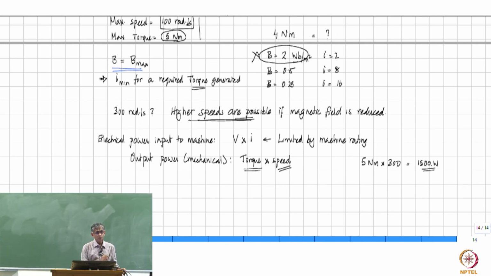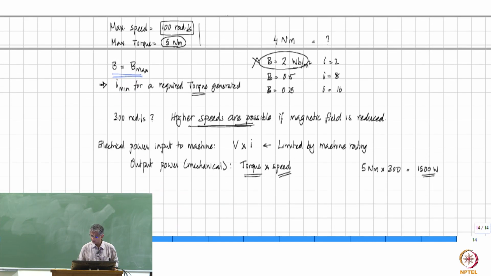Whereas input power is limited. Input power can only be equal to 100 volt multiplied by, how many ampere did we say? 5 into 100 is only 500 watt input. This is impossible. You cannot supply 500 watt input and get 1500 watt output.